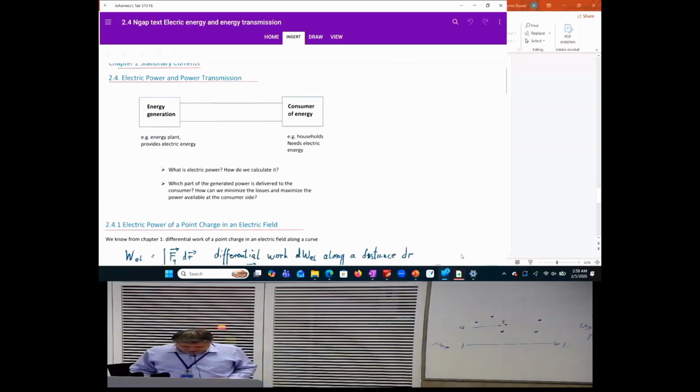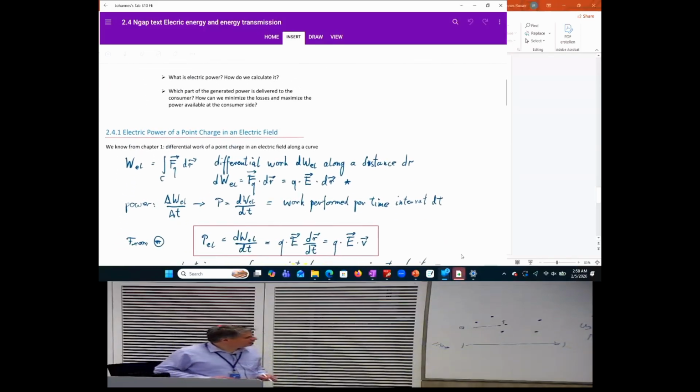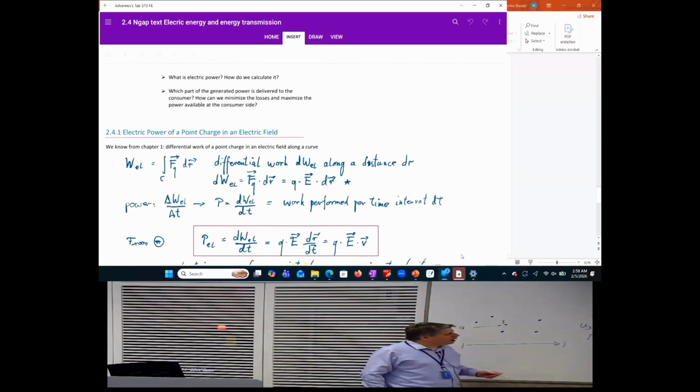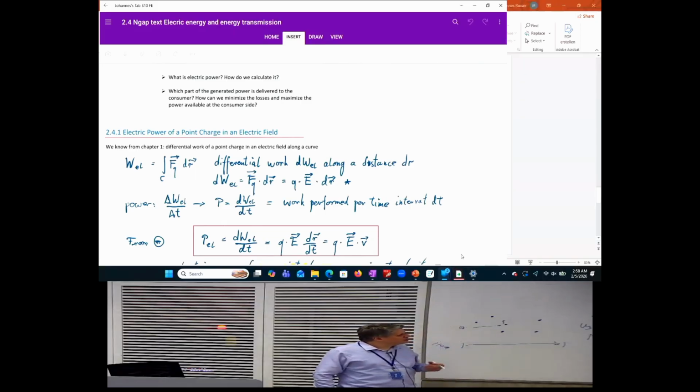And how does it look on the very small scale level? How does it look if we are operating with single charges? So we know that the work is given by integrating the force over a given curve, a given path.